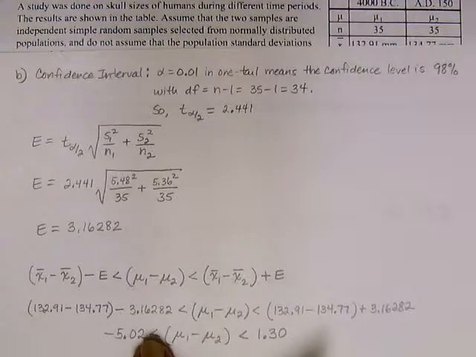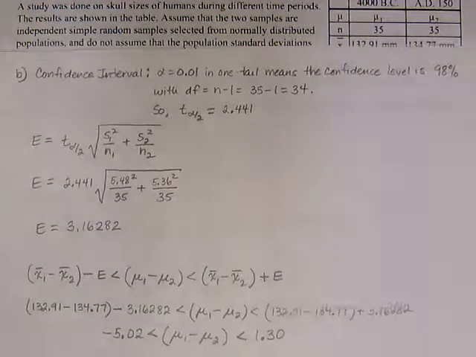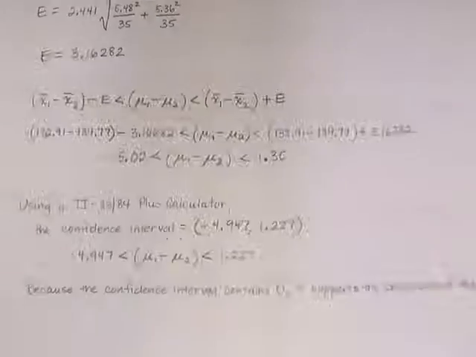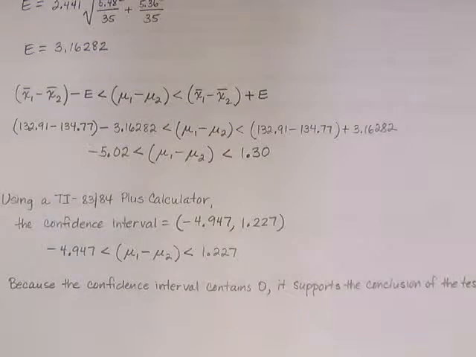And notice that my confidence interval limits are a little bit different, or a little bit off, using it this way than using the calculator, because the calculator uses a formula that calculates the degrees of freedom.